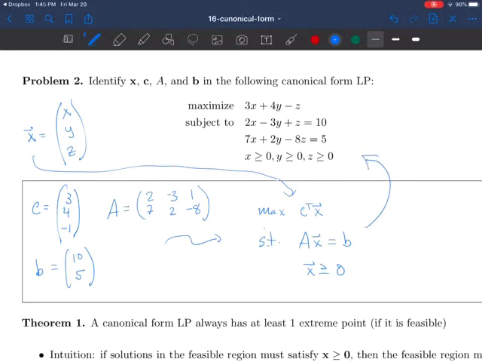So convince yourself these are the same. And I'm going to stop here, and you can look at the assessment questions associated with this problem.